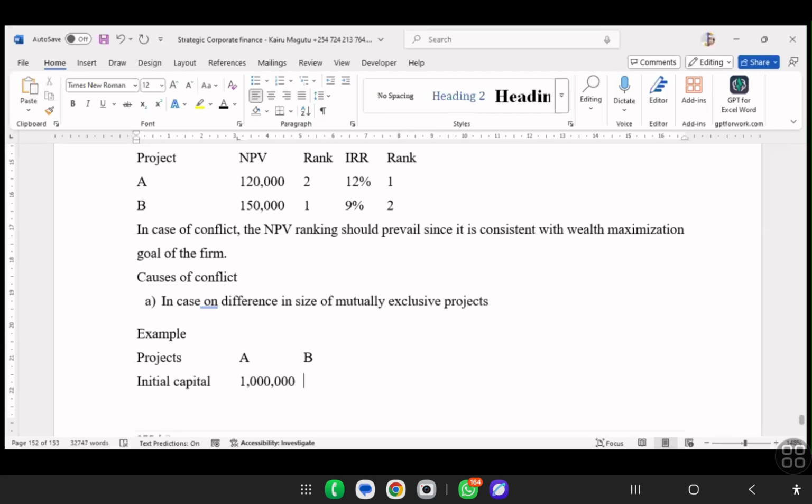Then project B, its initial capital is 100. They are mutually exclusive, but they are different in size, the initial capital. Let's say the economic life is 1 year for both.